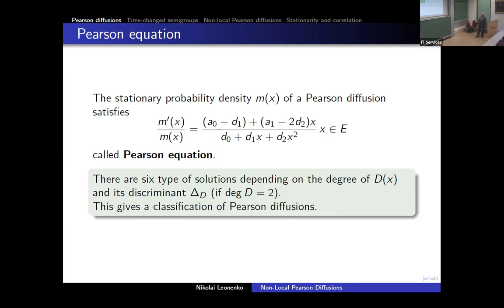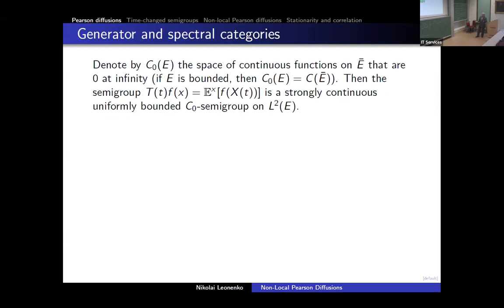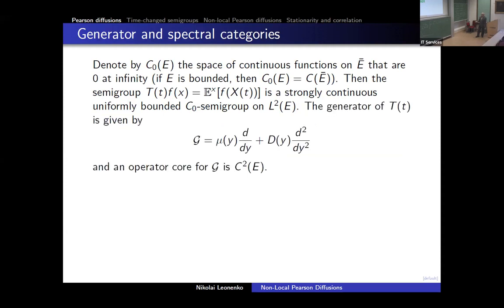And this gives a classification of what we call Pearson diffusions from this point of view. So I will use standard notation, C sub 0 of E is the space of continuous functions, and so on. And there is a semigroup T of t, which is acting in this form, a strongly continuous uniformly bounded C sub 0 semigroup on L2, and this is kind of standard material.